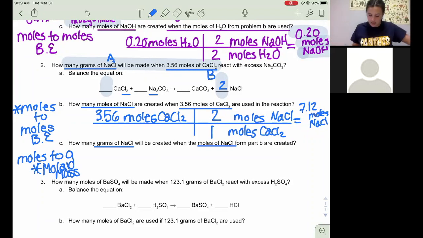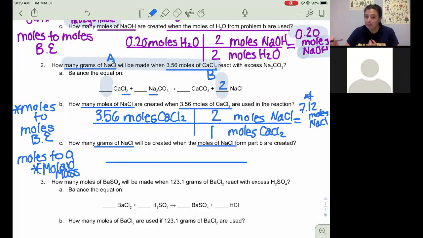All right, so I'm going to draw out my line. Remember, your given value is your answer from part B: 7.12 moles of NaCl. I draw my line, which means I have moles of NaCl on the bottom.